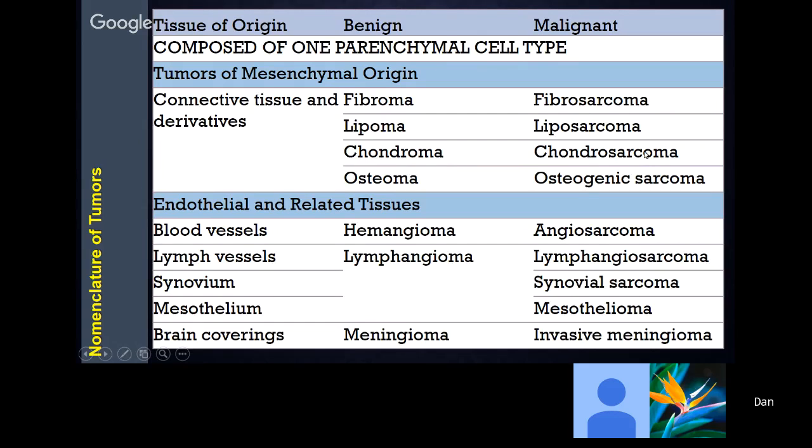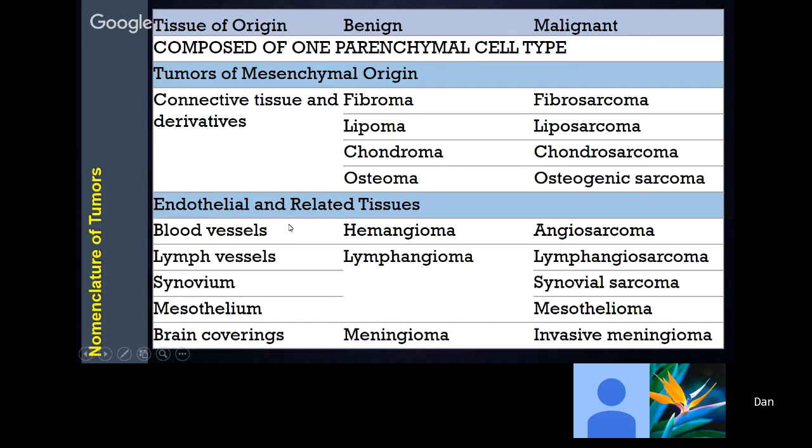So you always add sarcoma at the end for the connective tissue itself. Obviously, the beginning tells you the origin of it. Fibroma, mostly fibroblast; lipoma, fat; chondroma, cartilage; and osteoma, bones.